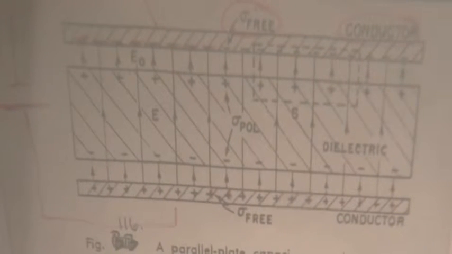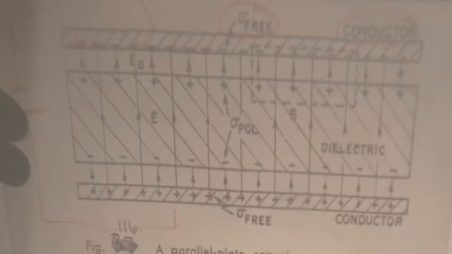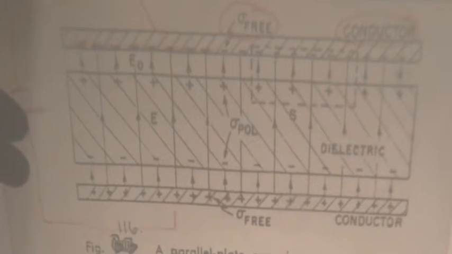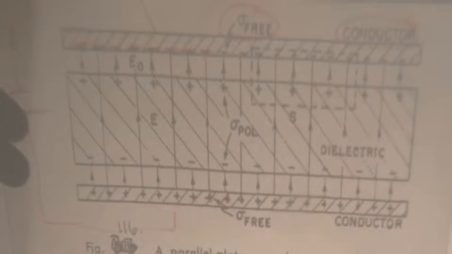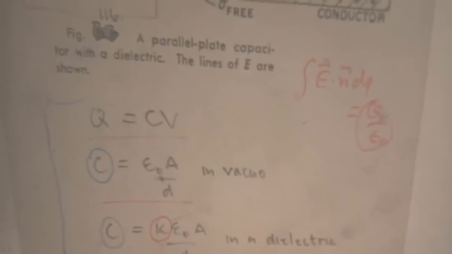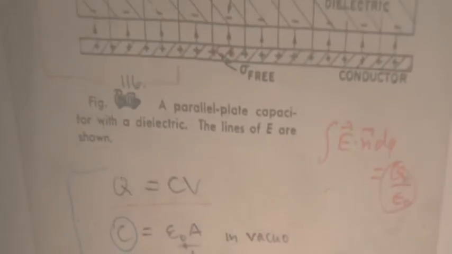Well, we know from Gauss's law that if we've reduced the field, we've somehow reduced the charge. The integral of E dot n dA is equal to Q, the total charge in the box, over epsilon naught, and we imagine, again, remember we can put a Gaussian surface wherever we like.